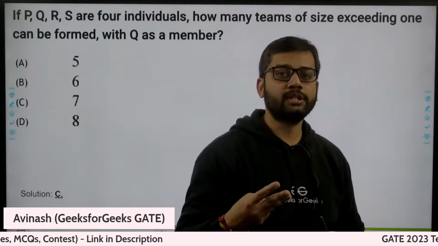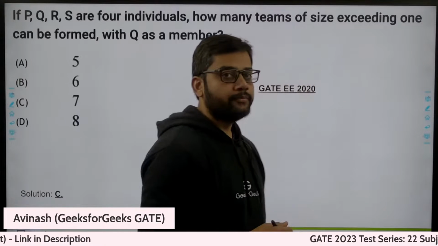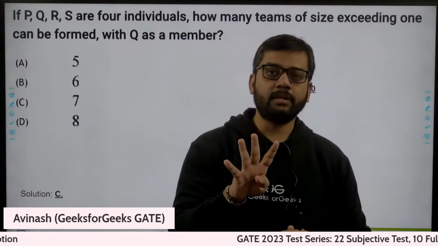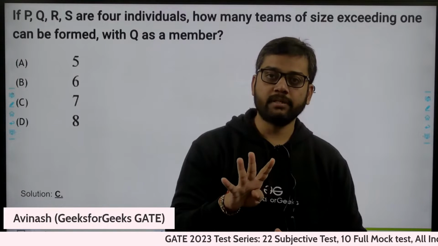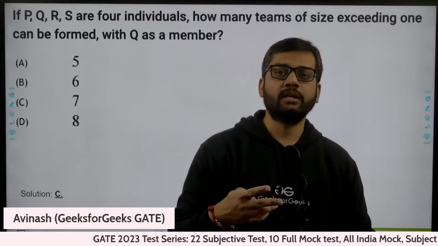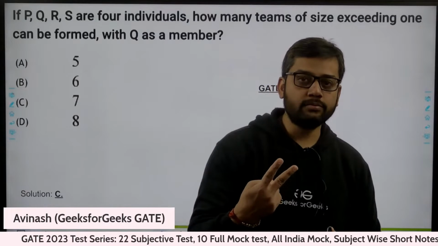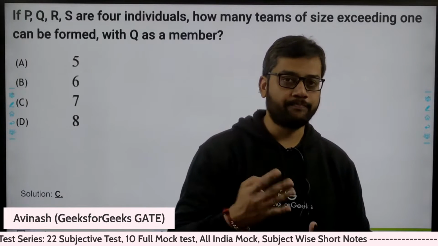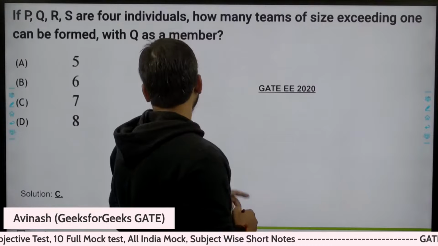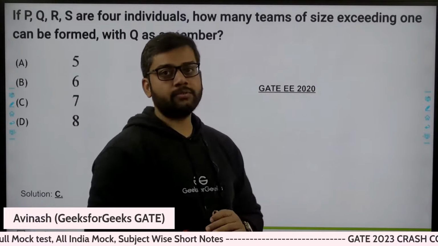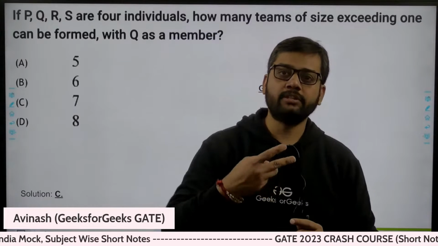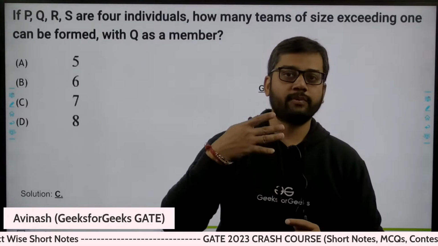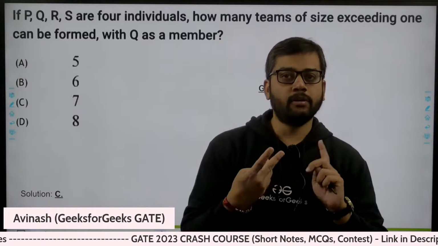It means 2, 3, 4. We are 4 people and we have to make teams, but the team size will be more than 1. So definitely it will be either 2 or 3 or 4. But they are saying Q as a member. So whether you form a team of 2, 3, or 4, Q will always be a member.